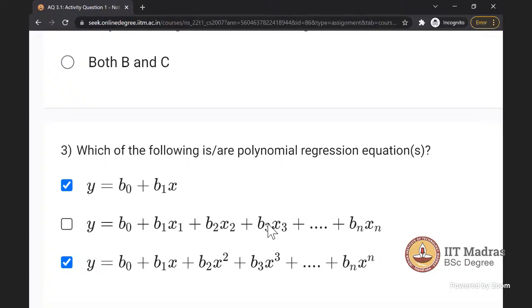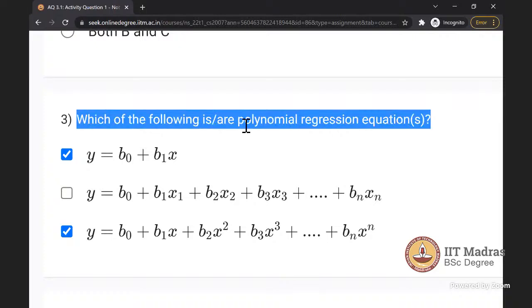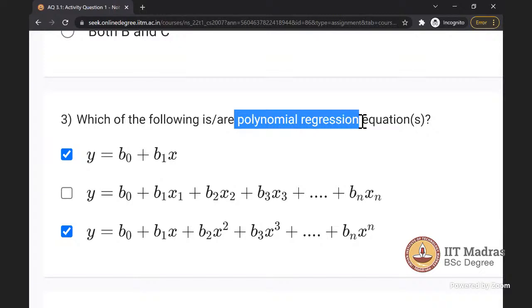Okay. So I see your point and I understand your point of view. I think the problem is in the wording of this question. If it would have been written properly, like polynomial equation, then it would have made sense. But for polynomial regression, you are taking that k is always greater than 1. Yes, sir.